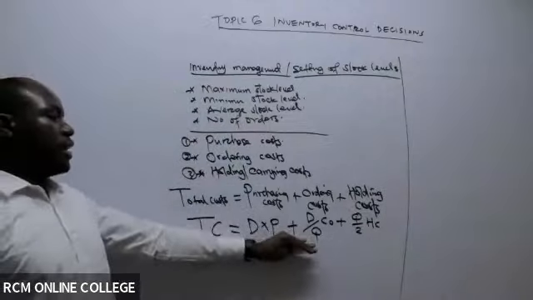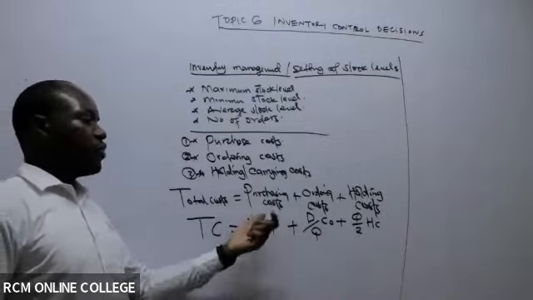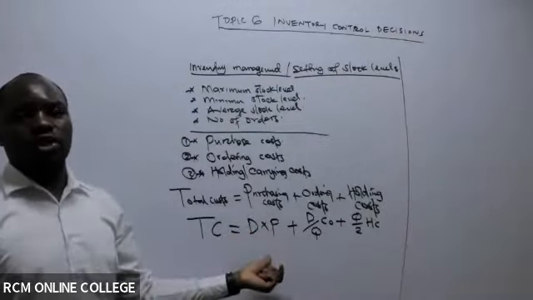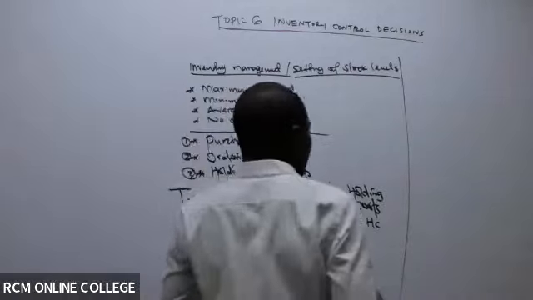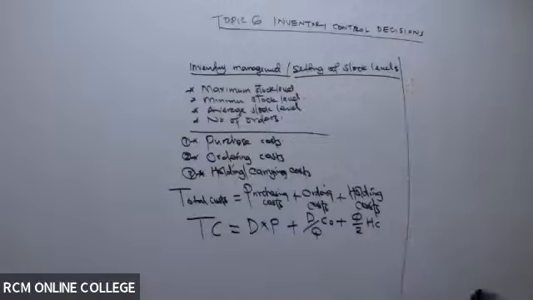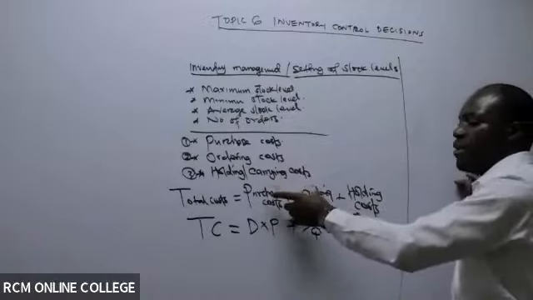So this one here will give us the total cost of dealing with any given quantity of inventory. Great. Now, as a company, you are not going to stop at this point. At any given time, all companies will be striving to do what? To minimize the total cost of taking care of this particular inventory.